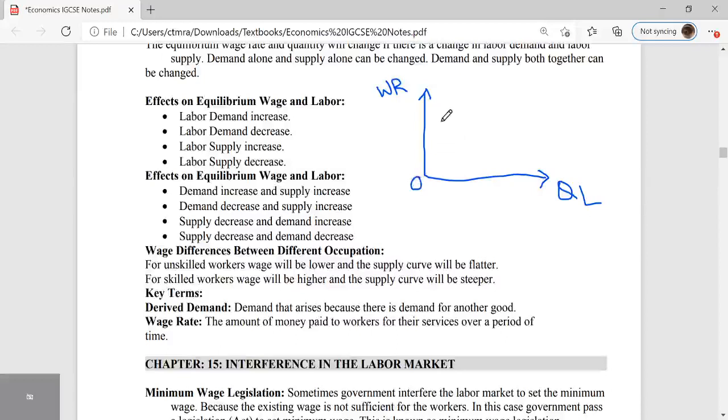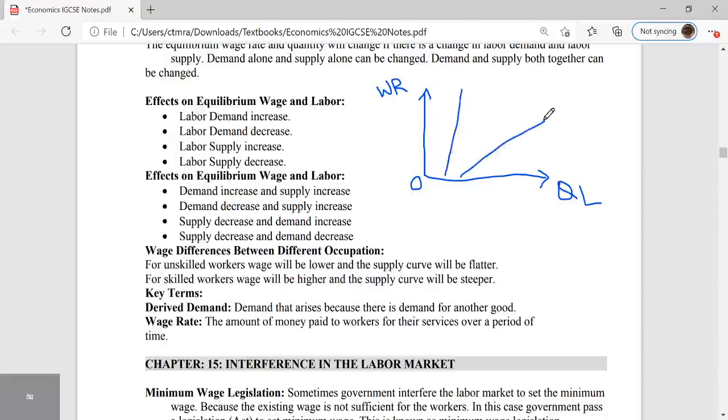See, we already did the supply curve of labor. Now I'm showing you two different kinds of supply curve. One is a bit inelastic, another one is a bit elastic.